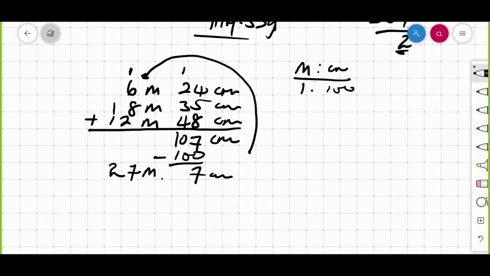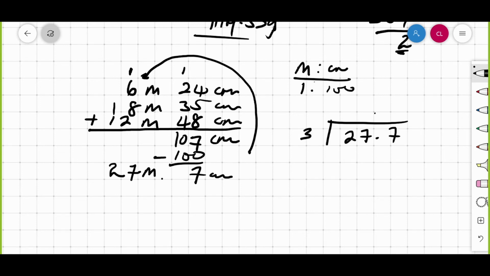But I know that 100 centimeters is equal to a meter. So if I take out the 100 and add that to the meter side, I'm left with 7 centimeters. When I add the meter side, the 12 and the 8, that becomes 20. 20 and 6 becomes 26, and the one I carried now becomes 27.